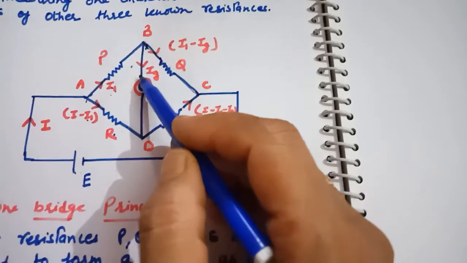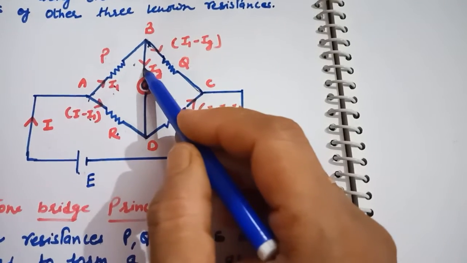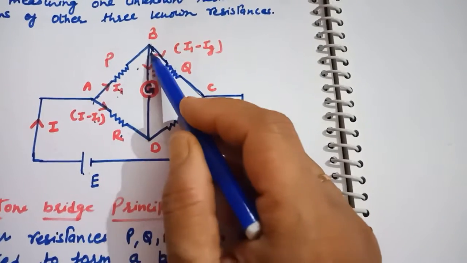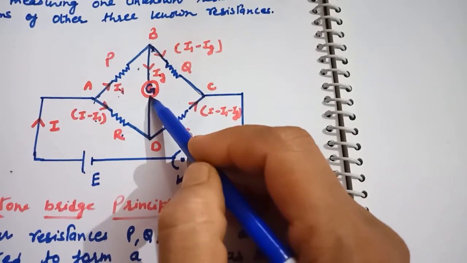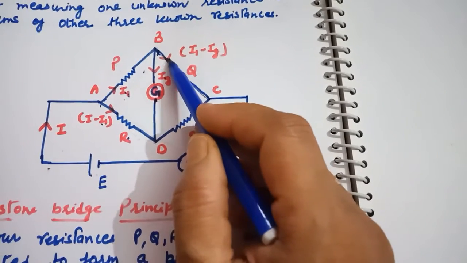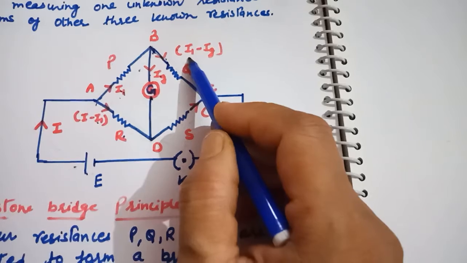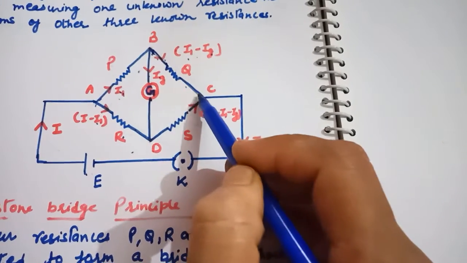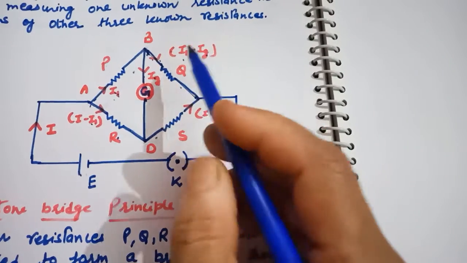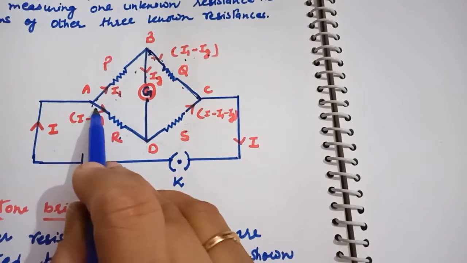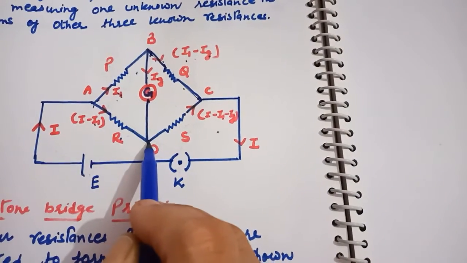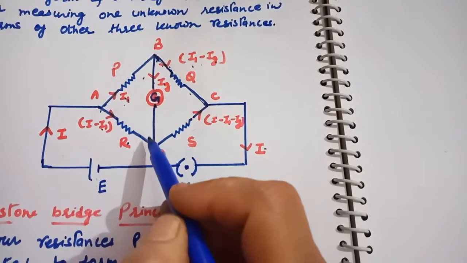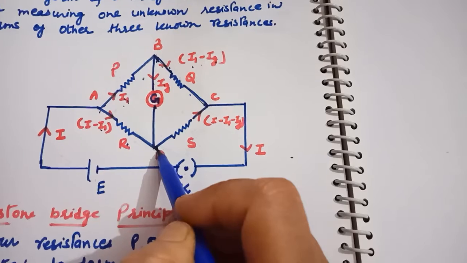Suppose the part Ig of I1 is flowing in the galvanometer, so the remaining part of I1, that is I1 minus Ig, will be flowing in the arm BC. Okay. Now this current I minus I1 reaches this point, and this current Ig reaches this point.